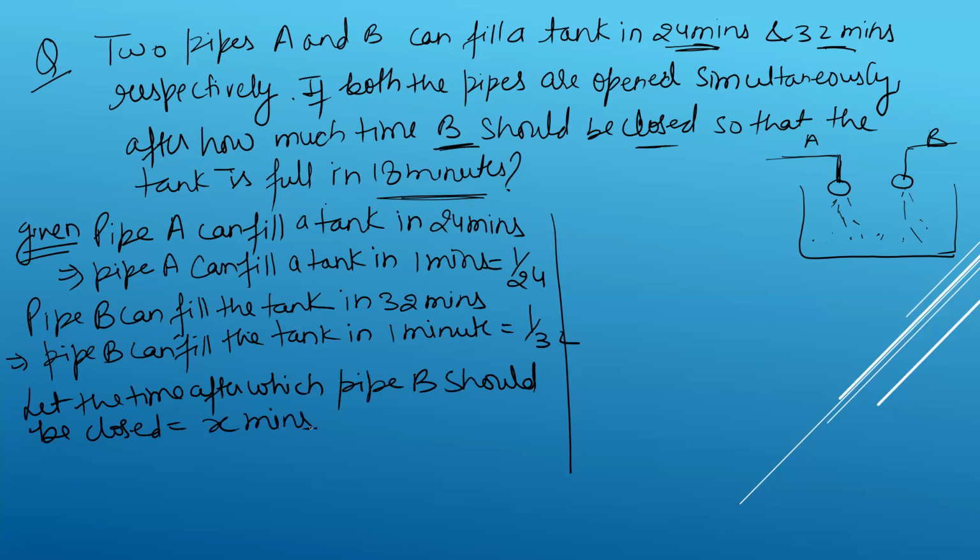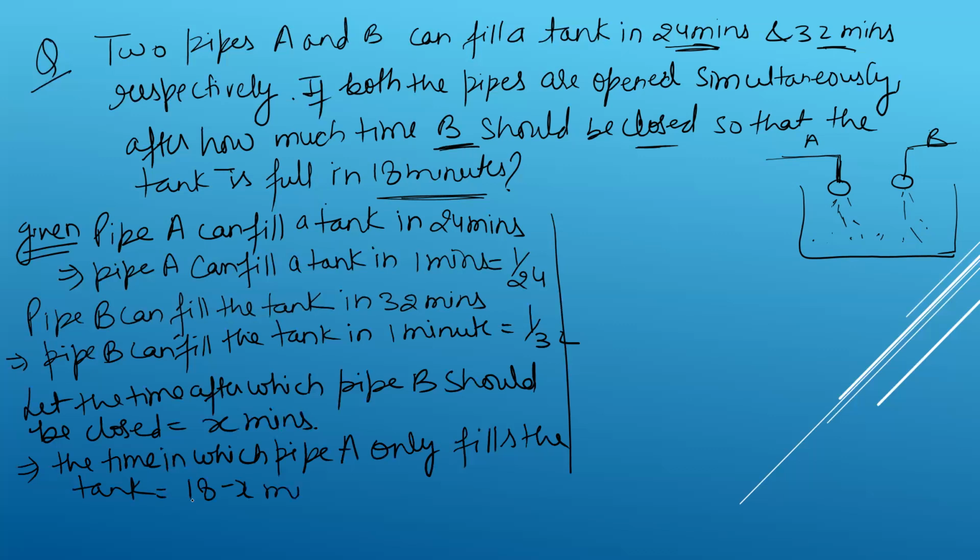That means if the time after which pipe B should be closed is X minutes, then the time in which pipe A alone fills the tank is going to be 18 minus X minutes.